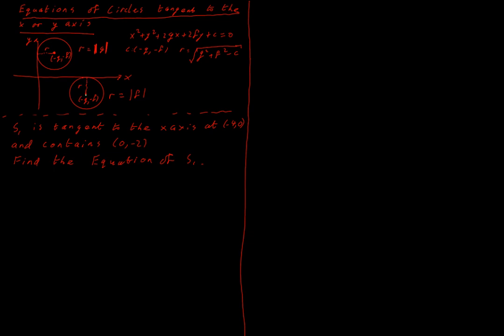And the distance we must go down to the center of the circle must be the same as f. So r must be the same as |f|. Our radius of our circle must be the same as the f in our equation.